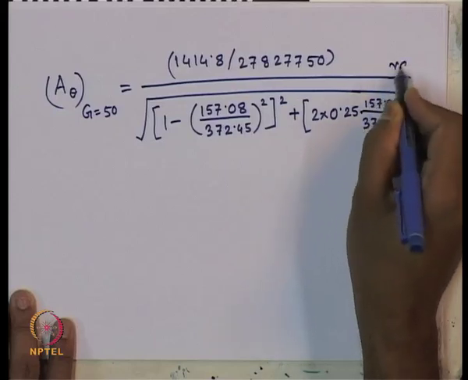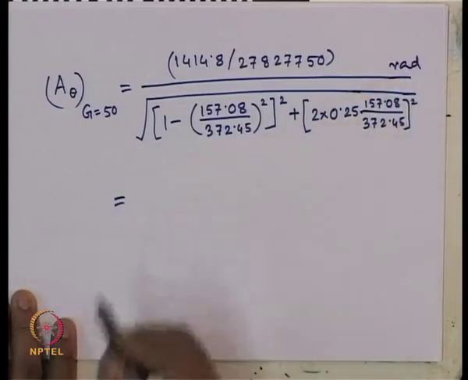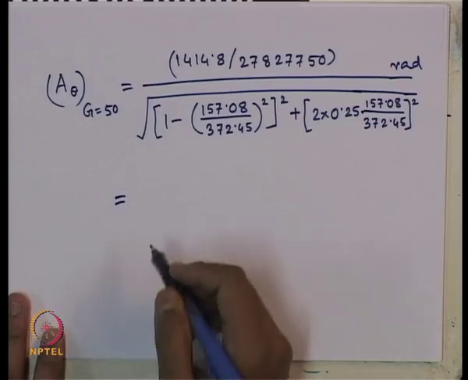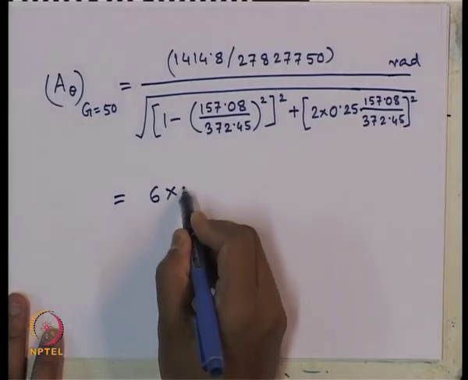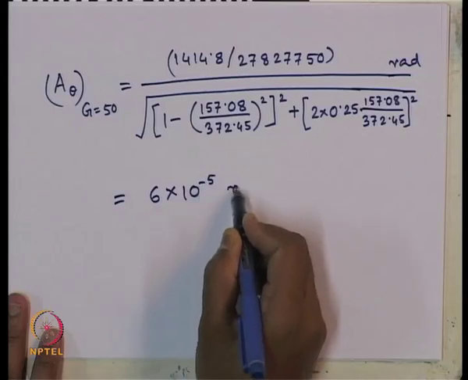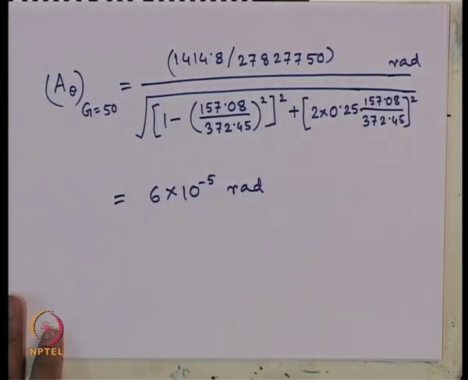So, so much of radian. If we calculate this, in this case we are getting 6 into 10 to the minus 5 radian. Okay.